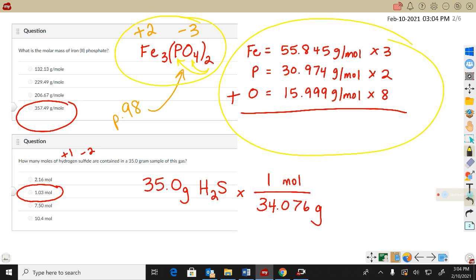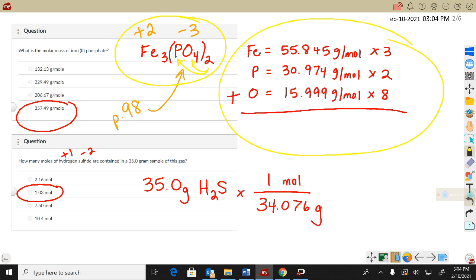And if you wrote the formula wrong, you could still get some partial credit if you found the mass correctly of the formula that you did right. Or vice versa, you wrote the right formula, but maybe you accidentally forgot that there'd be 2 phosphorus and 2 times 4 for 8 oxygen. Well, I can give you something because at least you wrote the formula correctly.